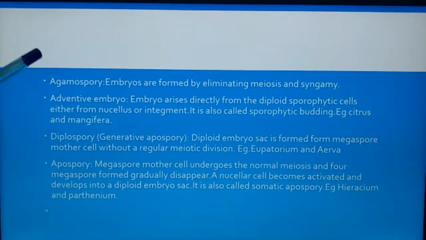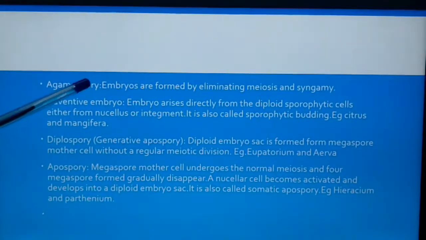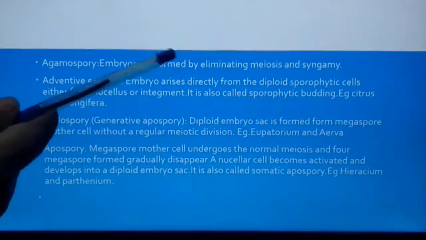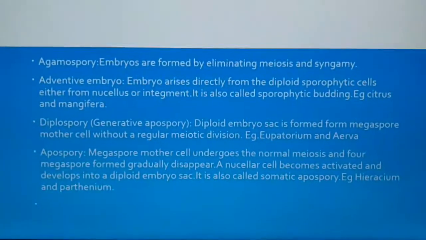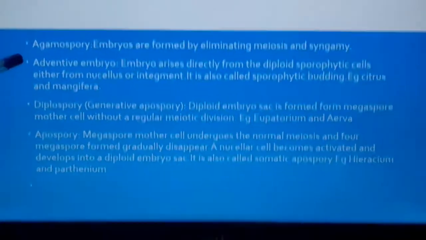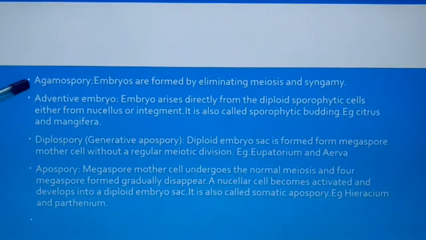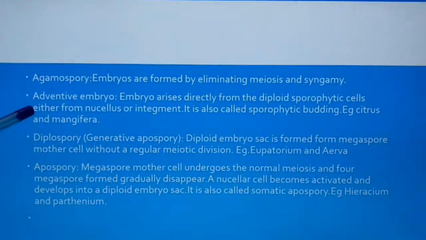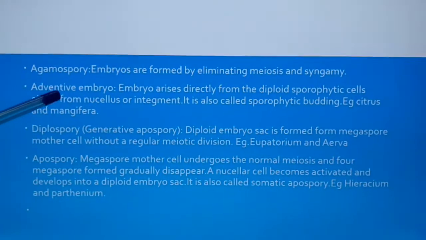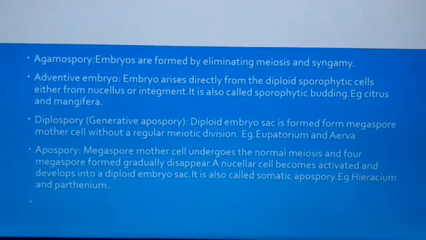Another type of recurrent apomixis is agamospermy. In agamospermy, embryos are formed by eliminating meiosis and syngamy. That is, normal meiosis and syngamy do not take place, but embryo formation occurs. In adventive embryony, the embryo arises directly from diploid sporophytic cells.